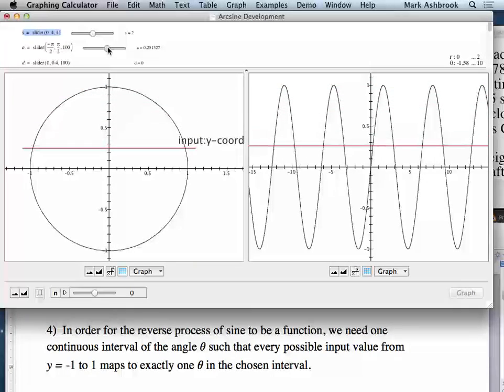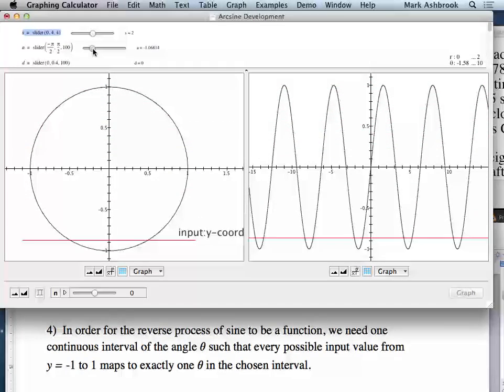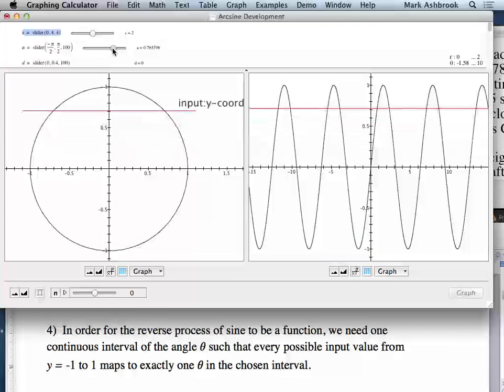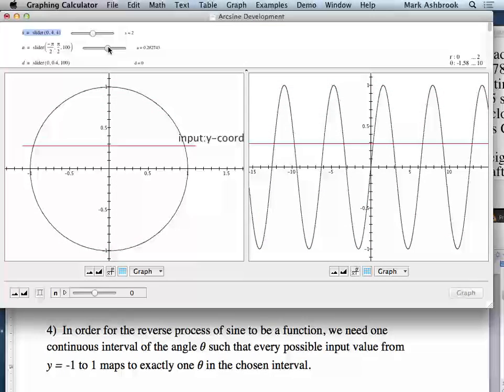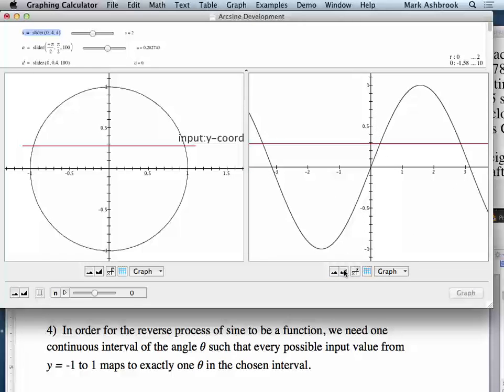So what we need for this to be a function is to include all inputs from -1 to 1, and for each of those inputs, we need to get just one angle out. And we'd like that to be continuous.